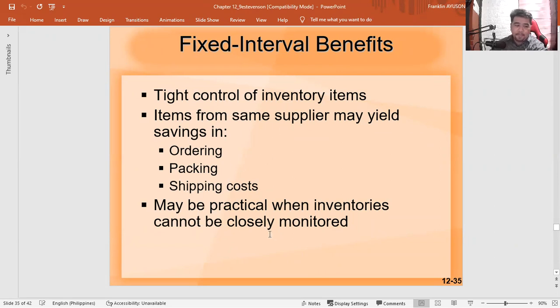Kay supplier yan. Okay? And may be practical when inventories cannot be closely monitored. So yun yung problema. Doon depende rin sa inventory system natin. Kung manual counting tayo, diba? Kung periodic counting tayo, ang hirap i-monitor ng stocks natin. Okay? Pero kung perpetual, ayan, hindi tayo gumagamit ng fixed interval dahil outright na determine natin yung ating demand at saka yung ating inventory.